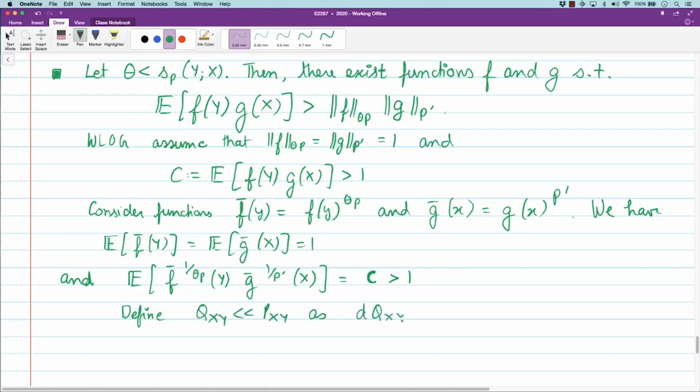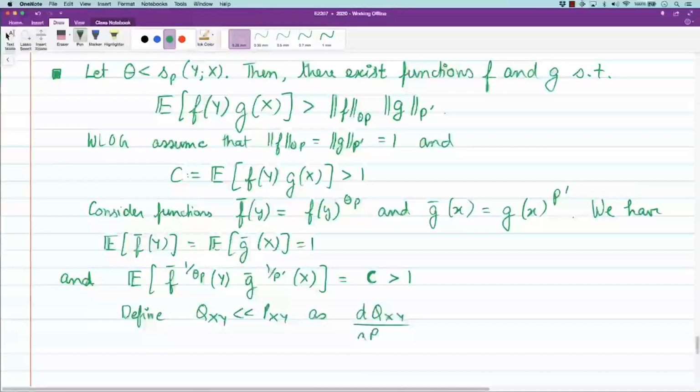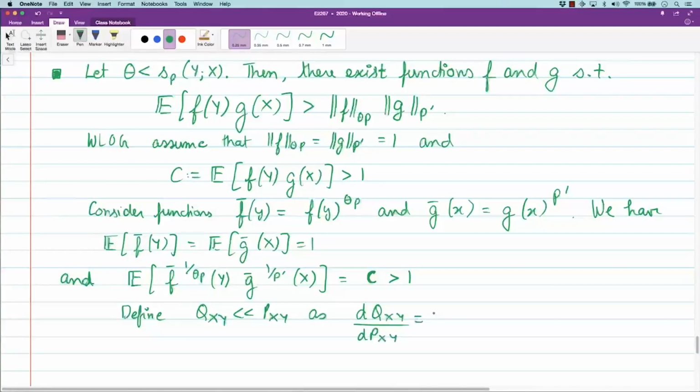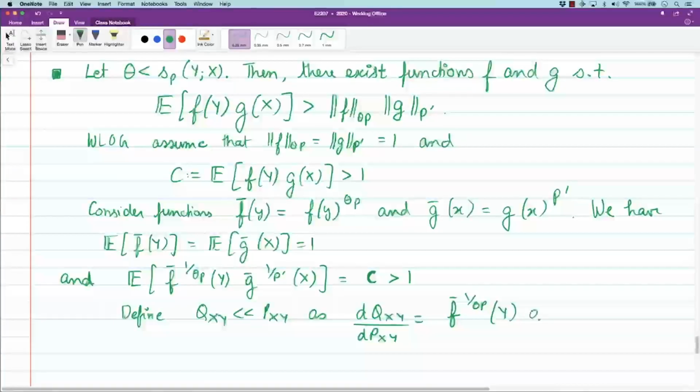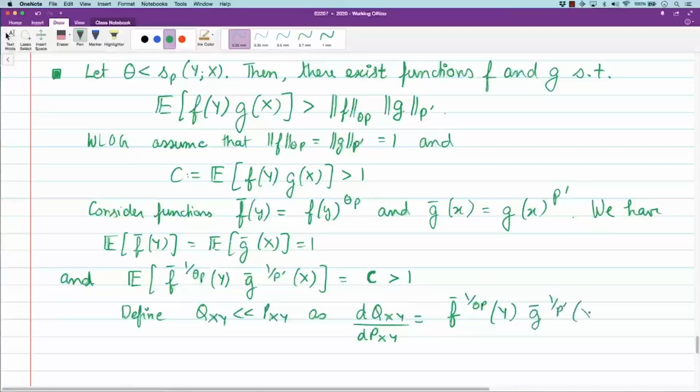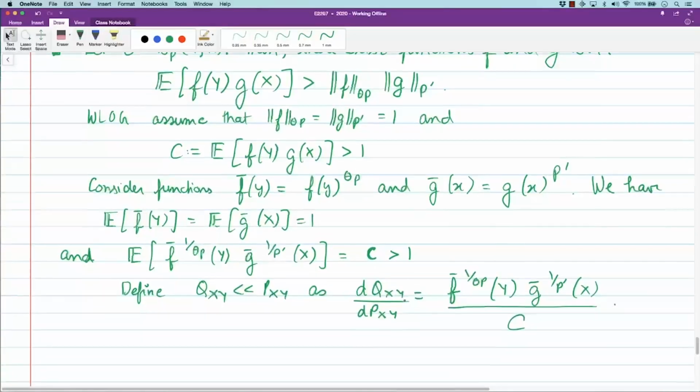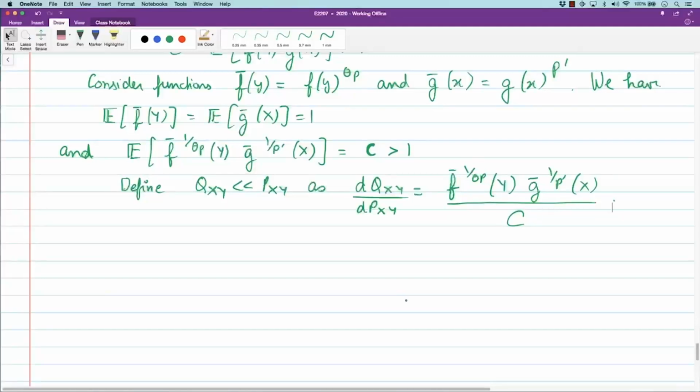The density that Q has with respect to P is given by f bar to the power 1 by theta p of y times g bar to the power 1 by p prime of x, and we need to divide by c, so that it normalizes to 1. Okay, so this is the definition of Q now.